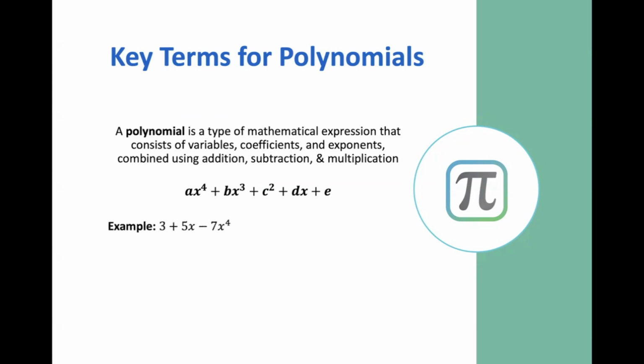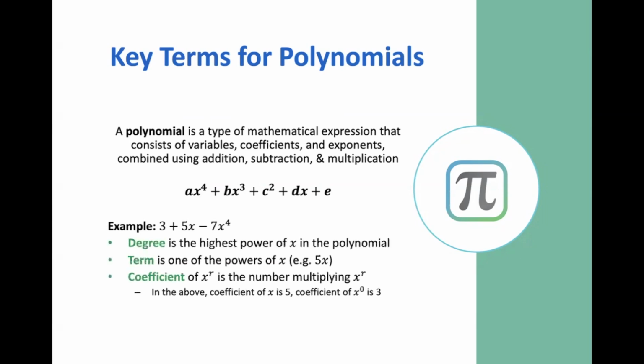So an example with some numbers. Here we have 3 plus 5x minus 7x to the power of 4. Just revising some basic terms, the degree of a polynomial is the highest power of x in that polynomial.